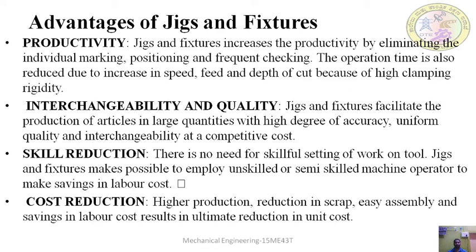Cost reduction. So in total we are increasing the productivity and interchangeability and reducing the skill required. Overall it will reduce the cost, and also it will reduce the scrap, because if you are doing it manually there is a lot of rejection due to human error, which will be reduced because there is no human intervention in jigs and fixtures.